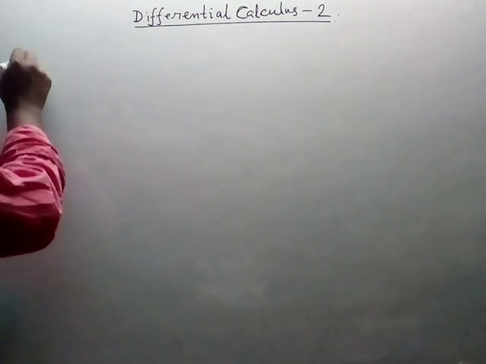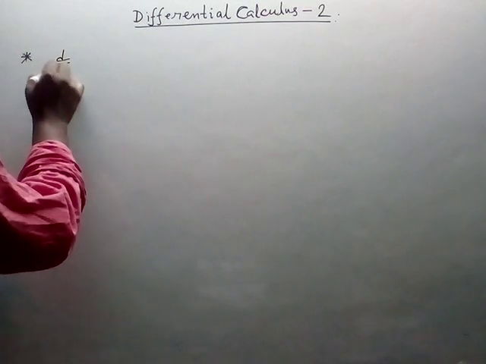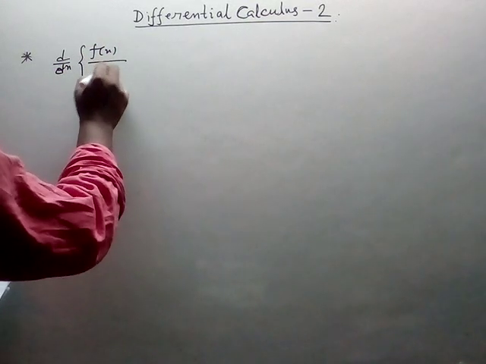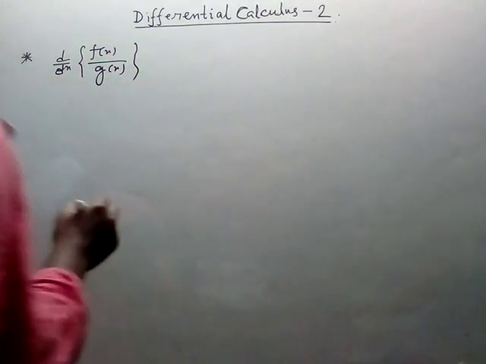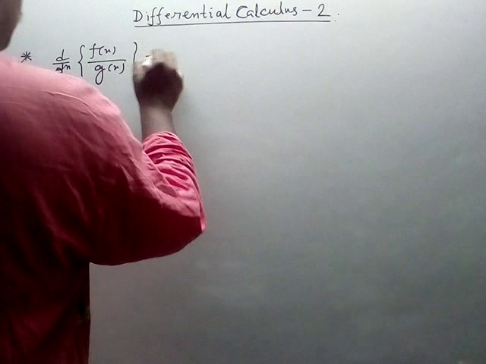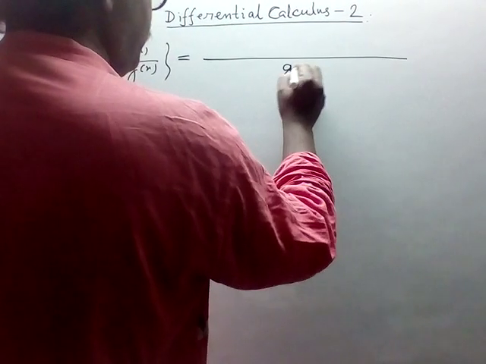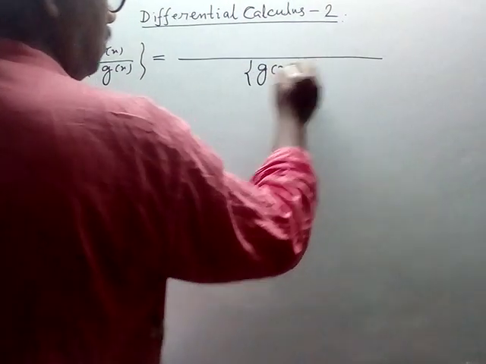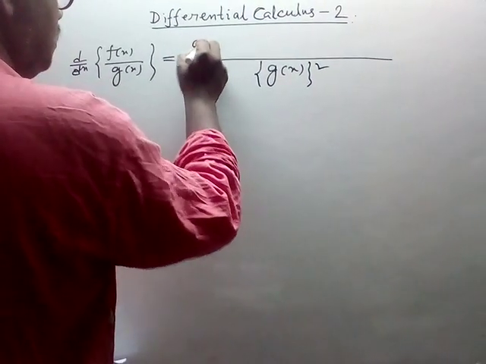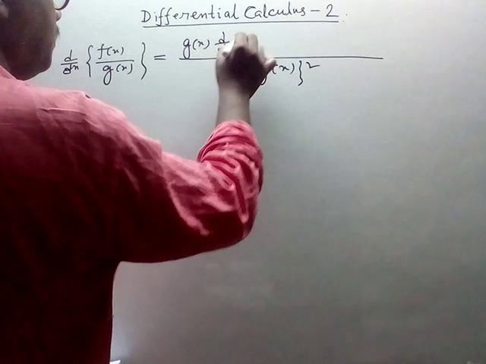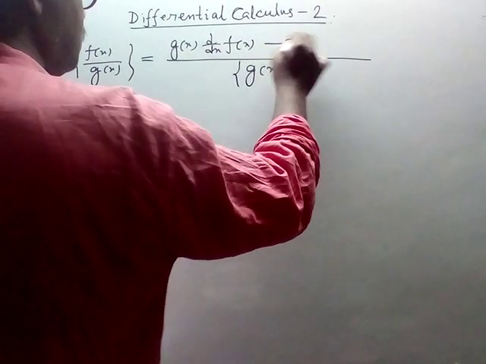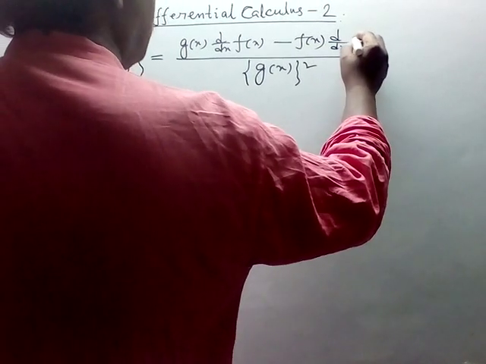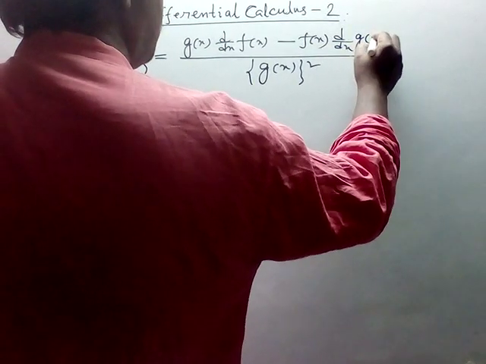Now the quotient rule. d/dx of f(x) divided by g(x) equals: the denominator contains g(x) whole square, and the numerator is, keeping g(x) the same, d/dx of f(x), minus, keeping f(x), d/dx of g(x).